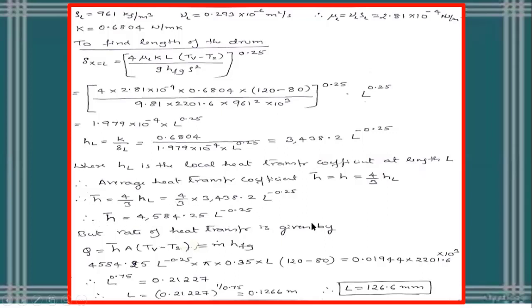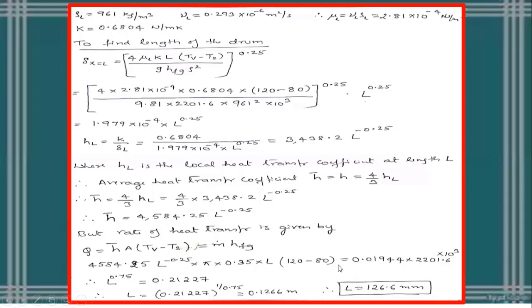But the rate of heat transfer Q is h bar into A into (T_v minus T_s). That is nothing but mass flow rate into h_fg. So substitute this expression. Area is pi D L, and L we do not know, so keep it as L. The temperature difference is the vapor temperature minus the surface temperature.